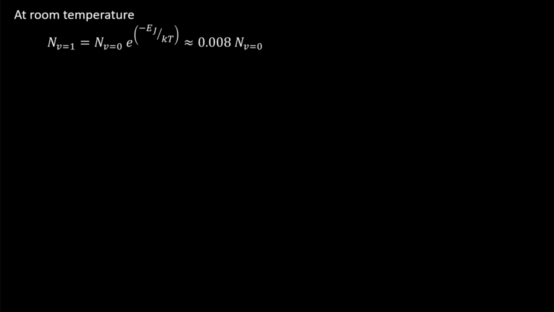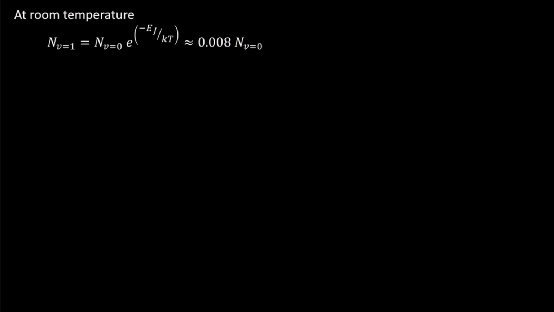The spacing between the vibrational energy levels is of the order of 10 to the power 3 centimeter inverse. Hence, the population of the v equal to 1 state at room temperature can be estimated using this Boltzmann distribution. This calculation shows us that the population of the first vibrational level is much less than that of the ground state level.